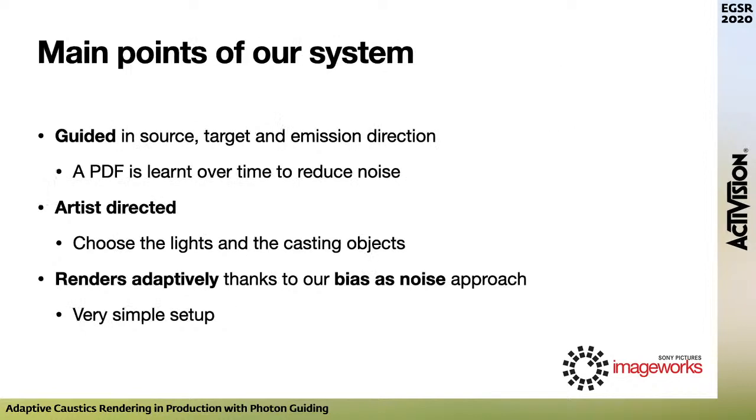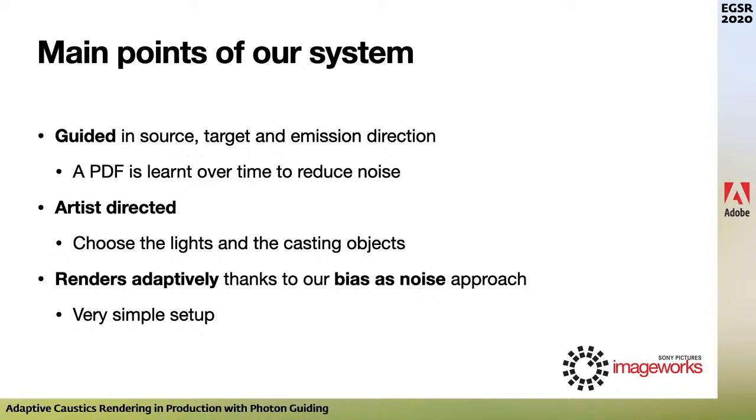So the main goals were these. We needed to be guided because we want to reduce variance as much as possible. And since we don't like Metropolis methods, we're going to go with some learned PDF, some table to improve it. And it's going to be on demand. That means the artist is going to choose which lights and which objects are going to cast caustics.